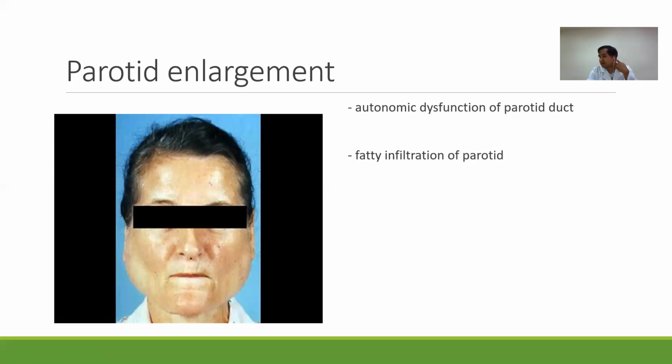There is a sulcus just behind the ear that should be obliterated. Only then you can say parotid enlarged. There are so many causes of parotid enlargement, but this is one of the stigmata of chronic liver disease that you should know.